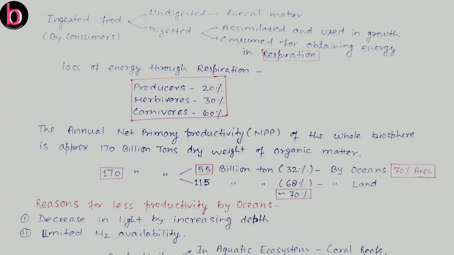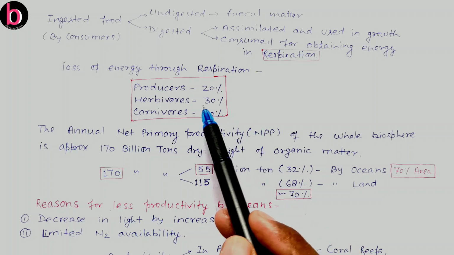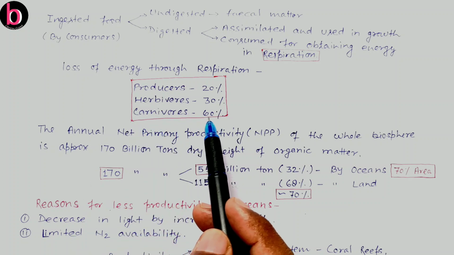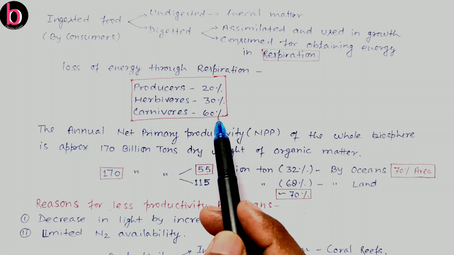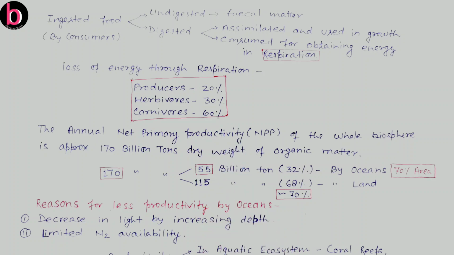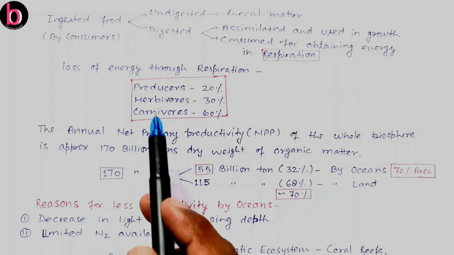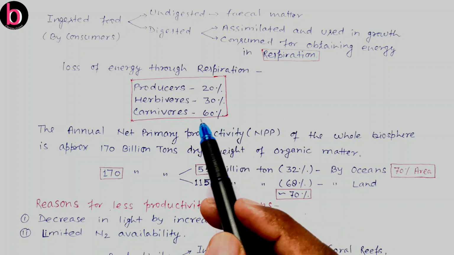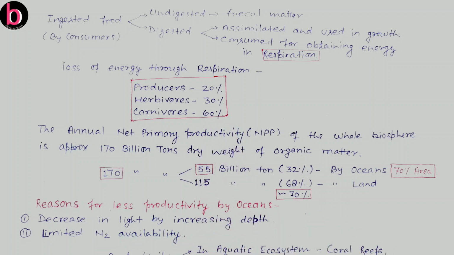Herbivores can easily obtain their food from producers, so there is only 30% loss. In carnivores, there is maximum loss of energy because of respiration. Why? Because they have to capture their prey, and prey are herbivorous, so they also move to protect themselves from their predators. So carnivores lose the maximum amount of food or energy in respiration.